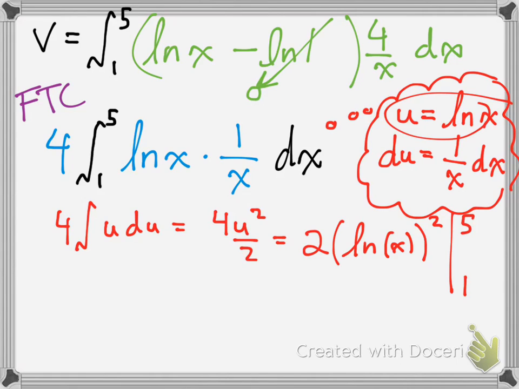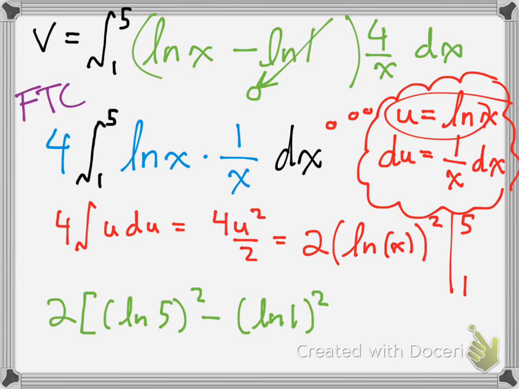Boom. And we would get 2 times ln of 5 squared minus ln of 1 squared. That would go to 0. So our answer would be 2 times ln of 5 squared.